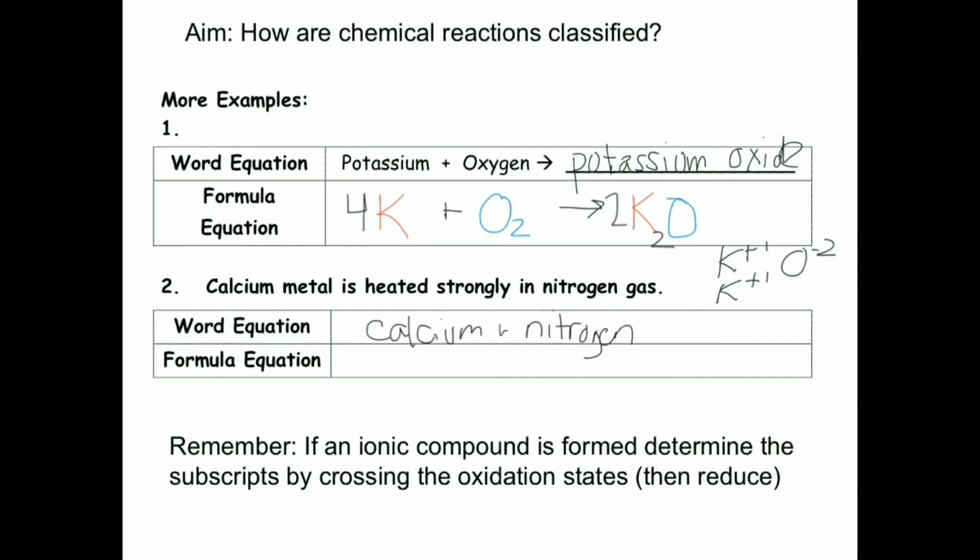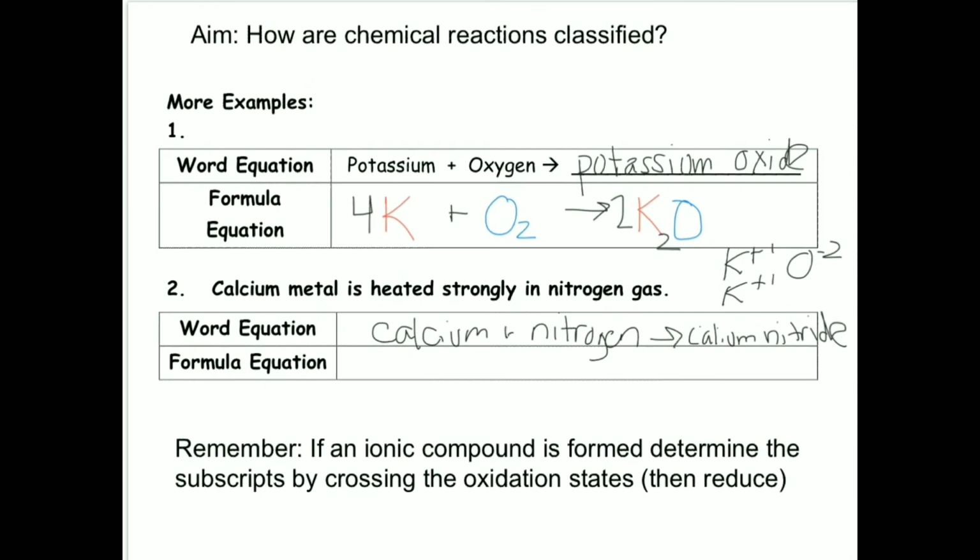In the next example, we have calcium, which reacts with nitrogen. Again, word equations are pretty easy, because here we're going to form calcium nitride. Now we'll write the formula equation. Remember that nitrogen is a diatomic element.